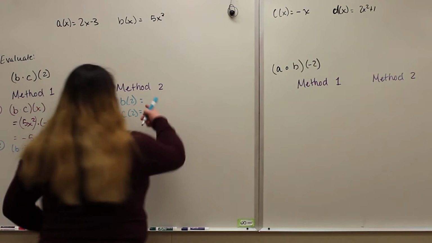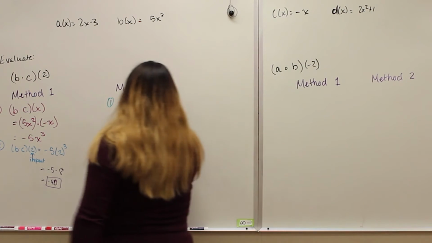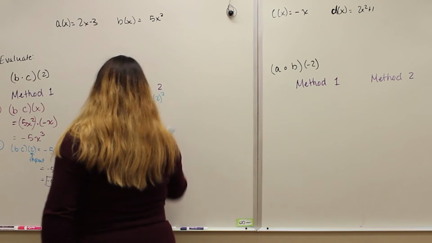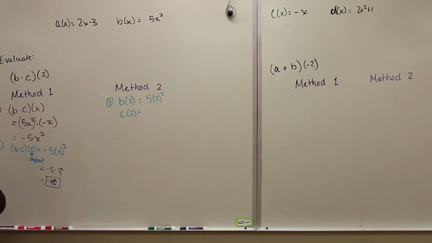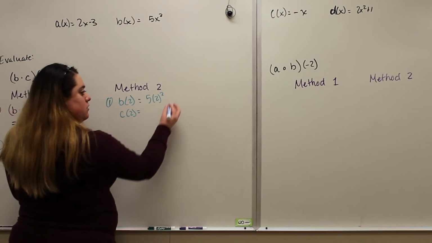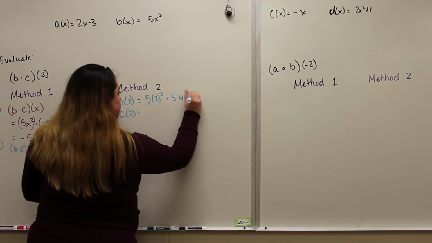Once again, my b of x function is 5x squared, so I'm going to do 5 times 2 squared. 2 times 2 is 4, so 5 times 4 is 20.